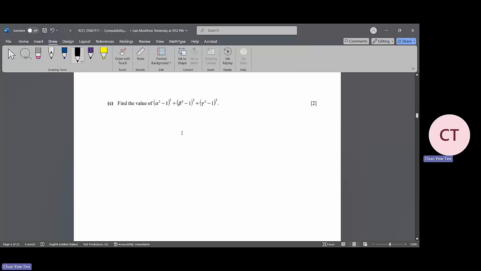Moving on, we have question C. Find this when the expression is the cube. So what you need to do is let Sn equal to (alpha cube minus 1) to the power n plus (beta cube minus 1) to the power n plus (gamma cube minus 1) to the power of n.